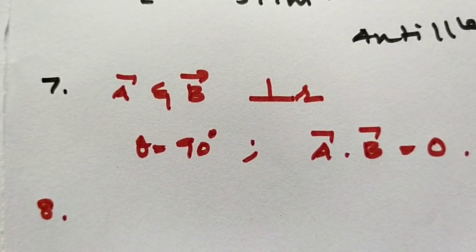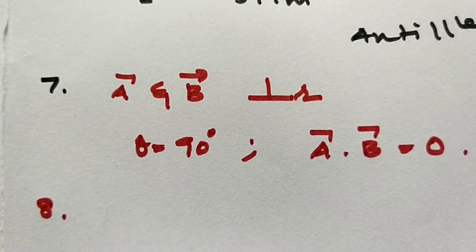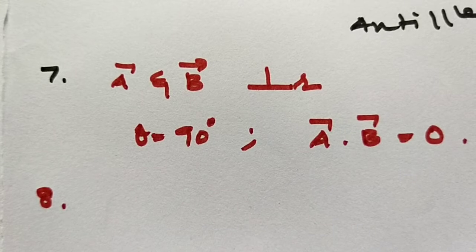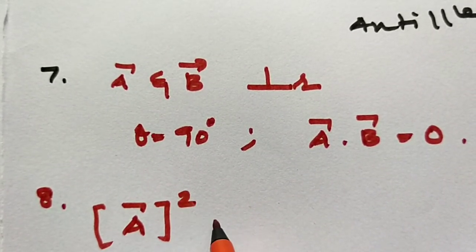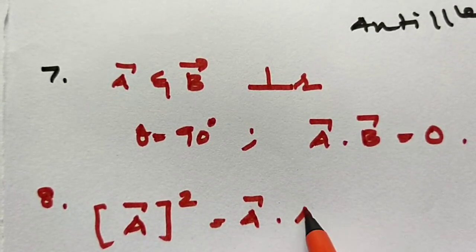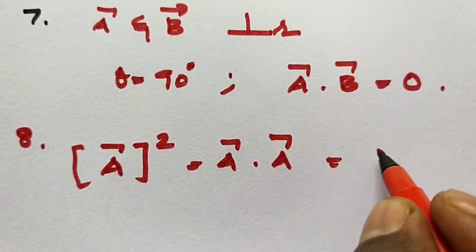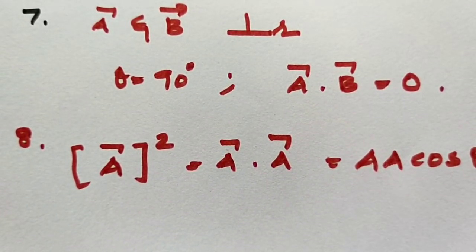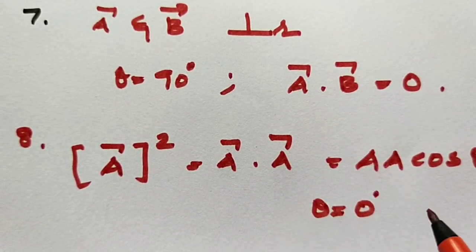So now moving to another point, the scalar product of the vector with itself. Again it is the self dot product. That means A vector whole squared means A vector dot A vector. So here we can use the formula AA cos theta. Here the angle theta is 0 degree.